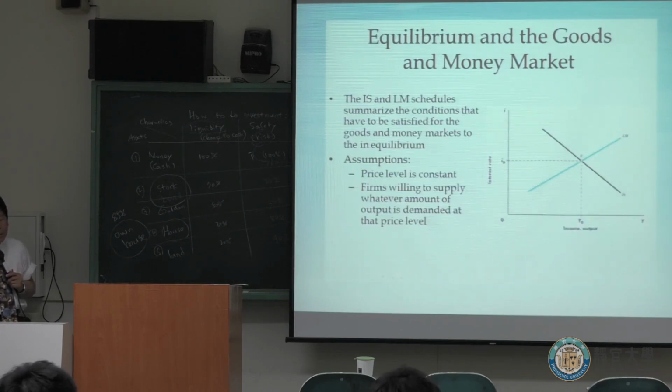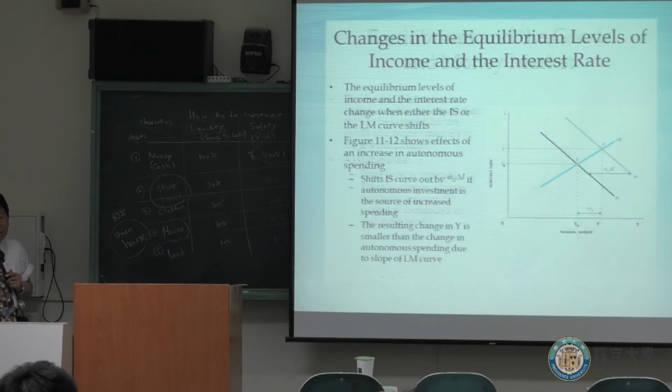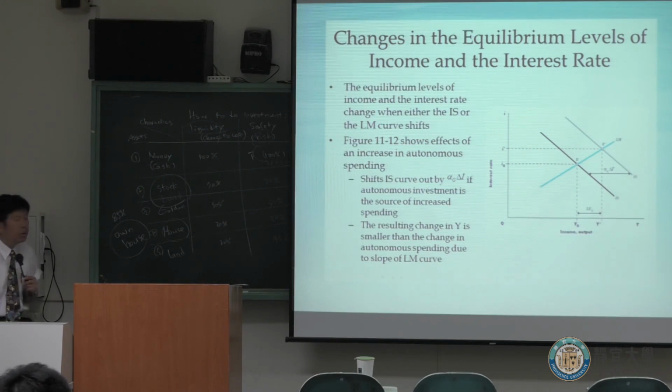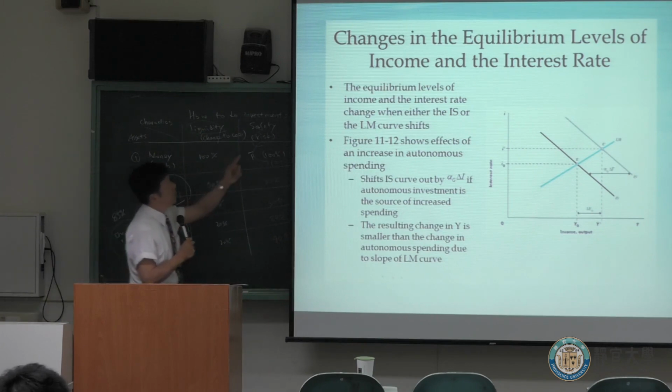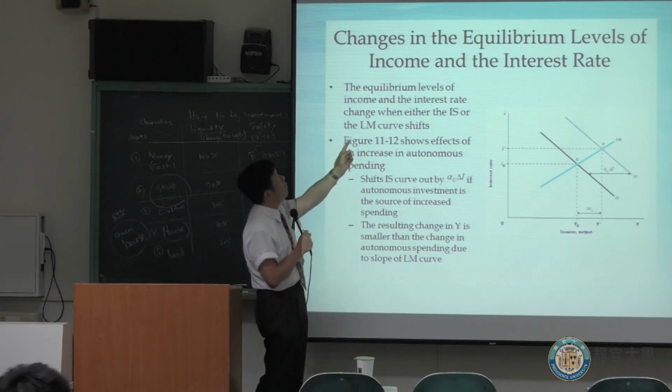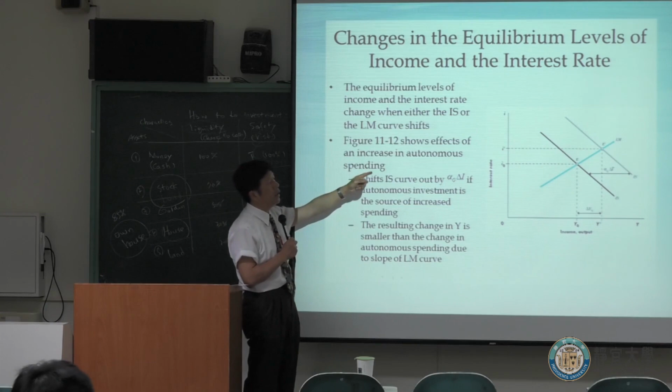After that, we can combine the IS curve and the LM curve, then we can get the equilibrium in the goods and money market. If the interest rate and the income are changed, we get a change in the equilibrium level of income and interest rate.